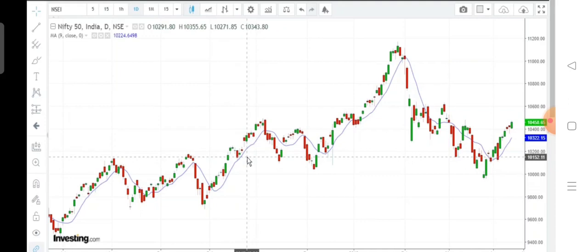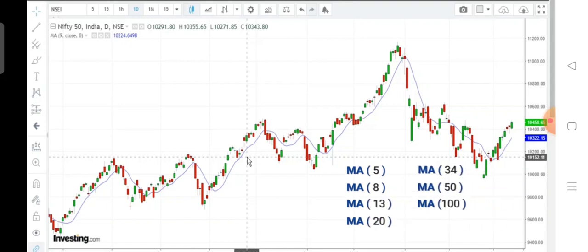The periodicity for which we calculate the moving average varies from very small to quite big. Generally in the market, 5, 8, 13, 20, 34, 50, 100 and 200 are the most important periods for which a moving average is calculated.